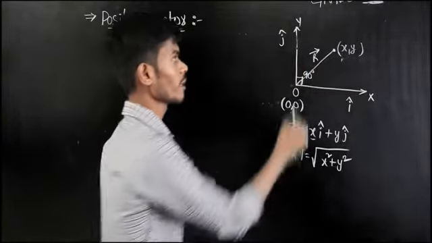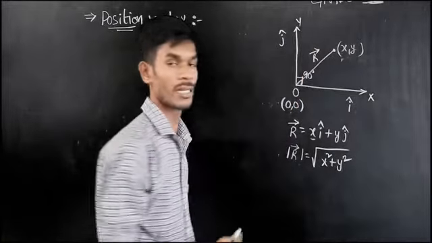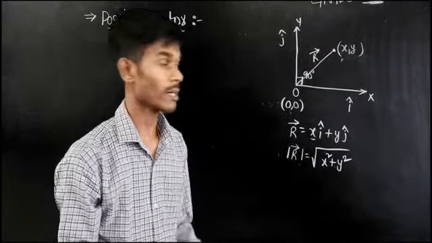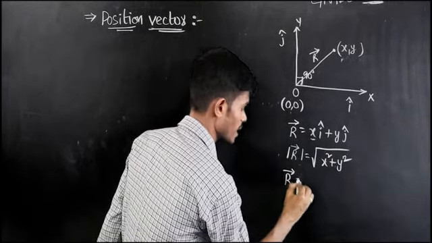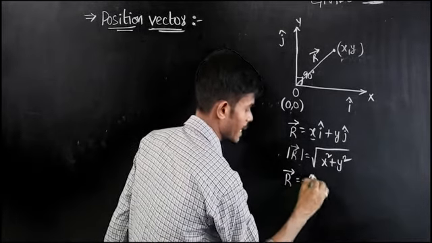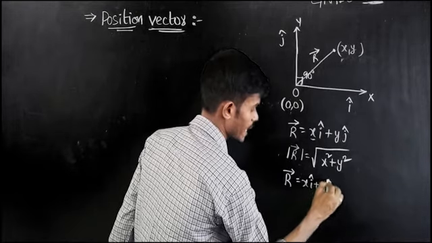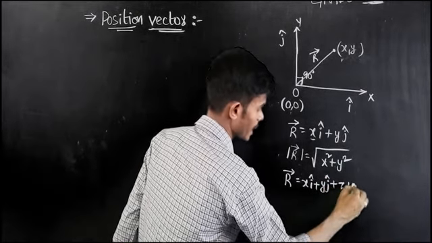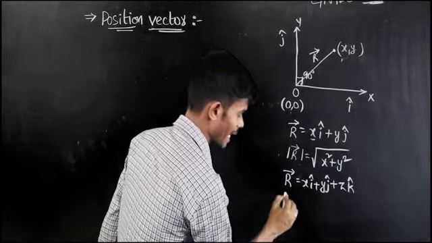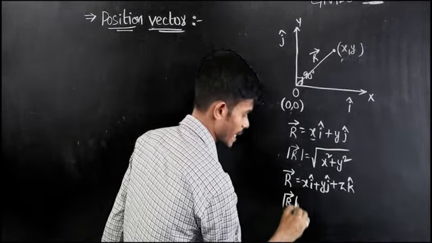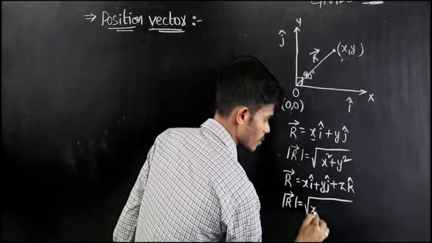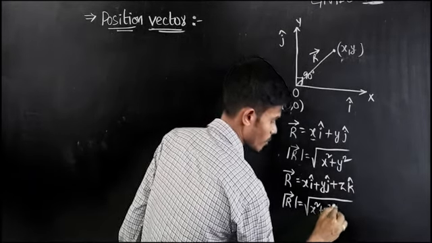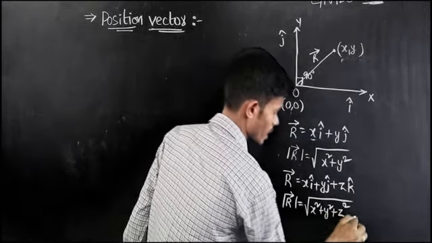Suppose they have given one more dimension, a three-dimensional plane with the z-axis, then the vector can be written as r bar is equal to x i cap plus y j cap plus z k cap. So the magnitude of r bar can be written as root over x square plus y square plus z square.